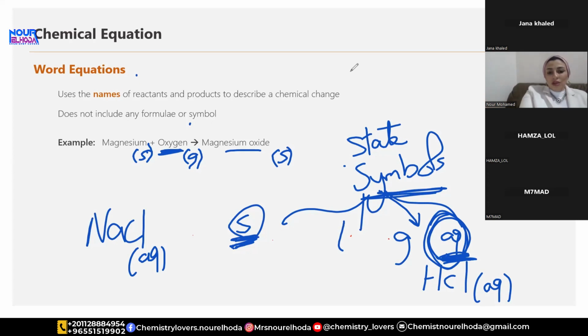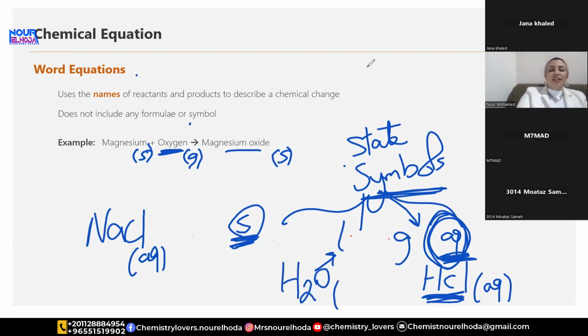I don't understand why HCl is aqueous even though it's a liquid. No, I don't want liquid at all. This is a fatal mistake. Liquid is for water. When I write water, write liquid.